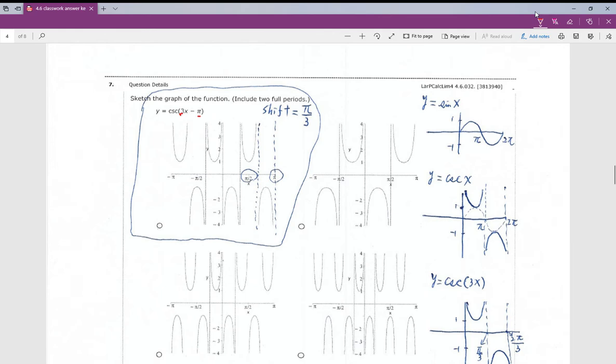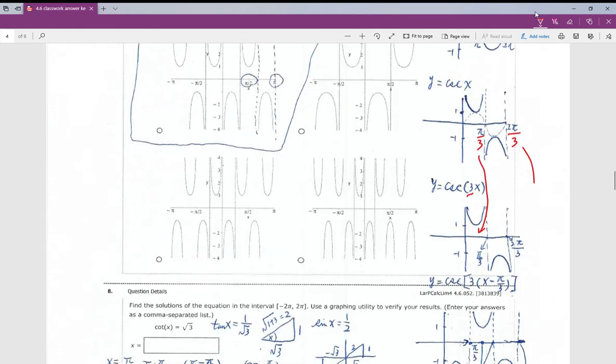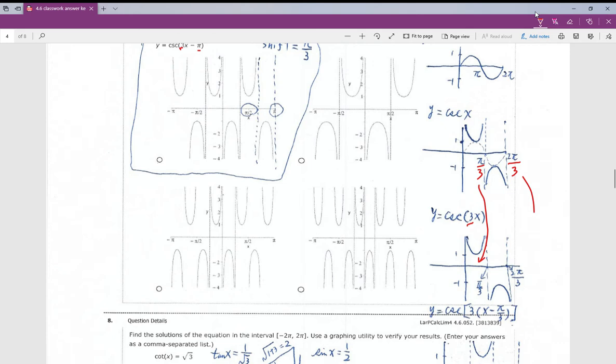And then when cosecant is times 3, it just grows. Remember, when you have b equal to 3, you just divide by 3 here to make the graph easier. Divide by 3 here for the x coordinate. And then you need to do the shift.